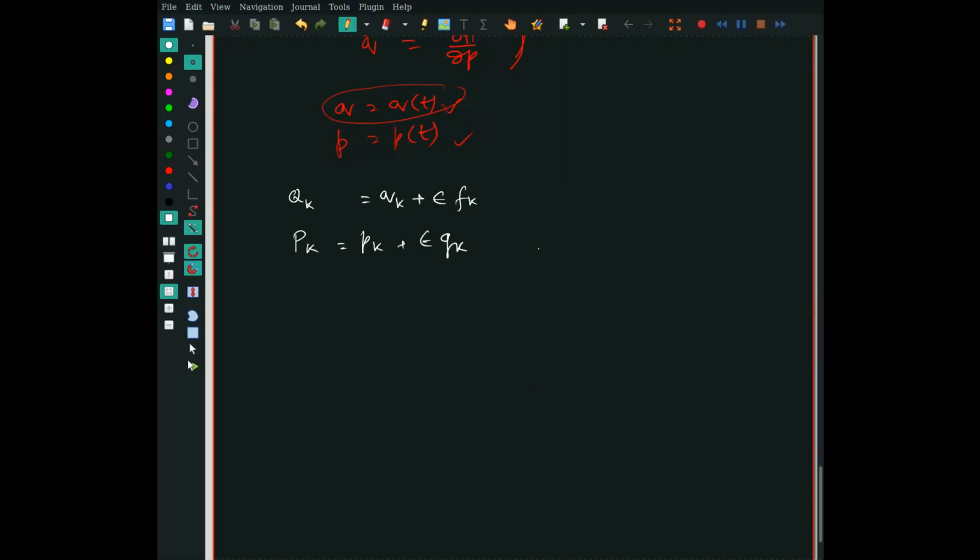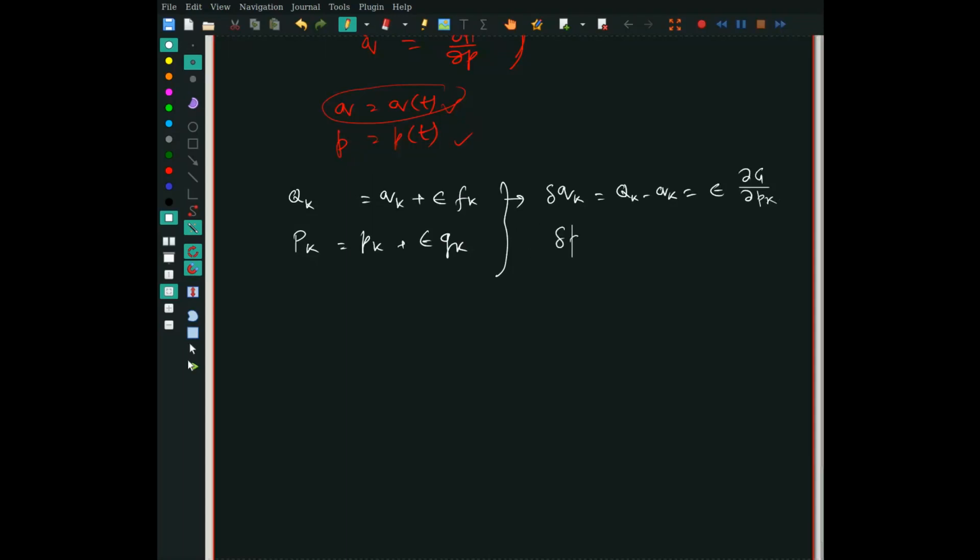Now from this, you know the infinitesimal change in the q coordinate, which I denote by delta q_k, which I will write as Q_k minus small q_k. This equals epsilon f_k, which is again epsilon del g del p_k, I guess.